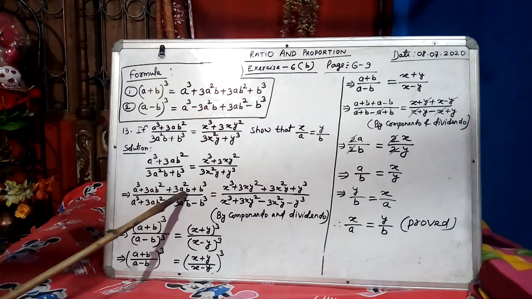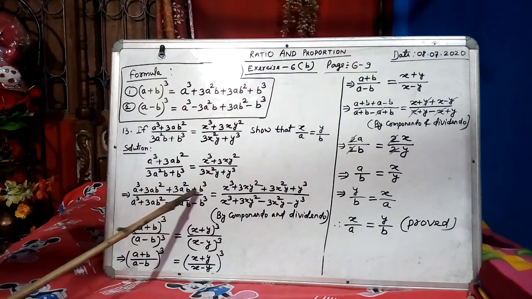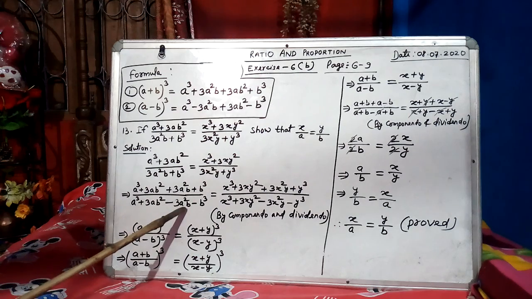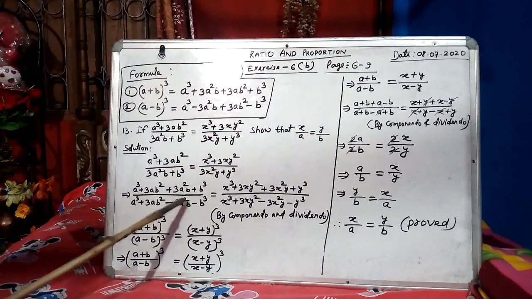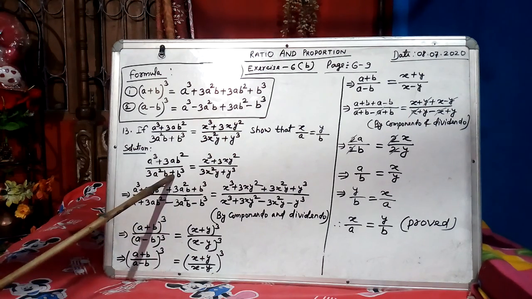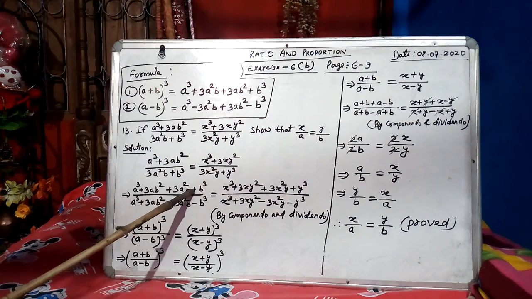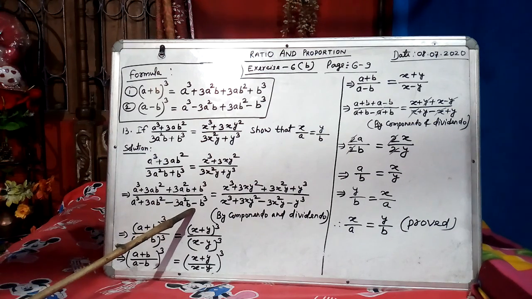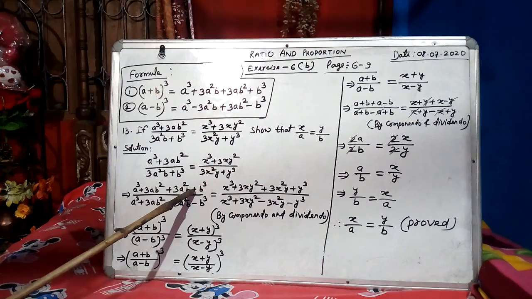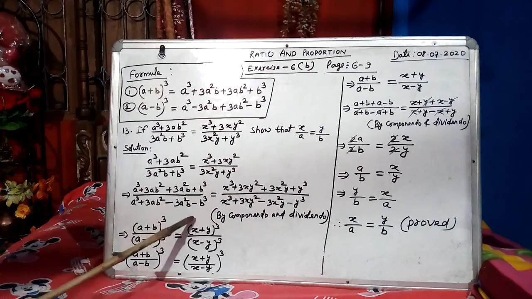Same here, 3a square b plus b cube I wrote here. As you all know, in the bottom part, because of minus, the plus becomes minus, and minus becomes plus. Whatever symbol we find at the top, at the bottom part we find the other symbol.